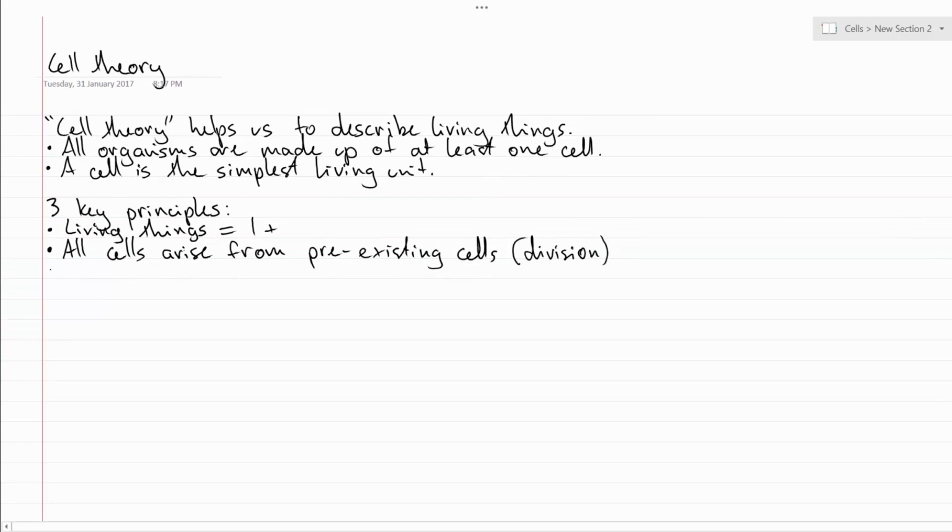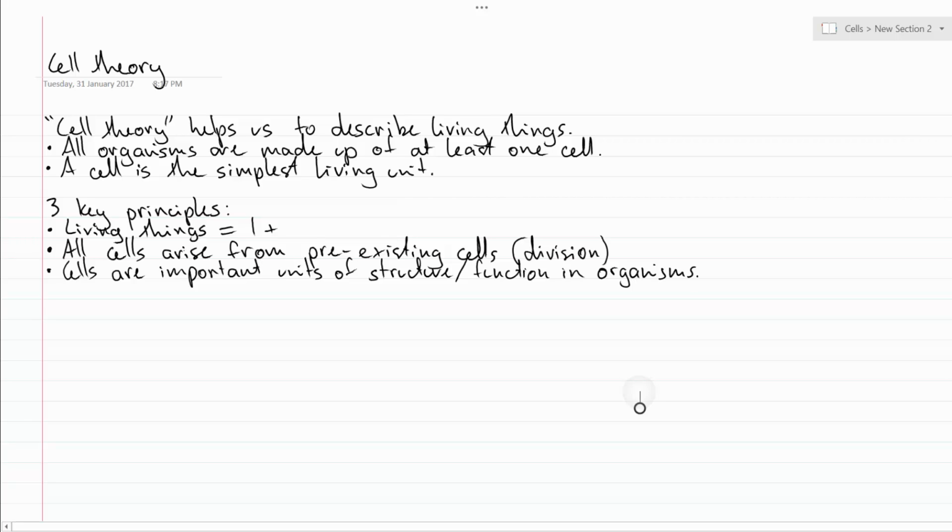Third key point, cells are important units of structure and function in organisms or living things.